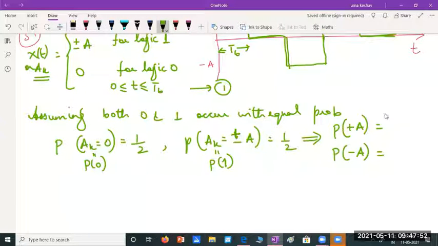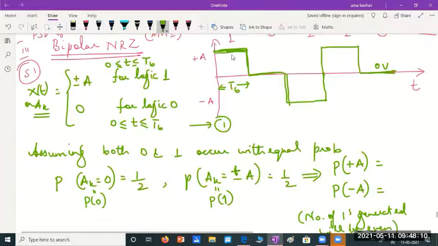So we are considering that the number of ones generated will be even. When it is even, the number of times we get plus A and minus A will be equal.